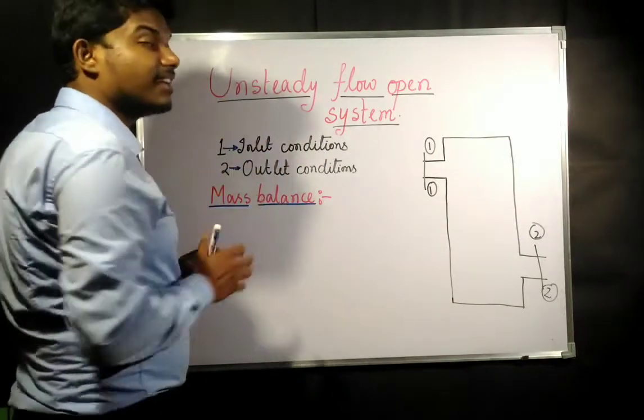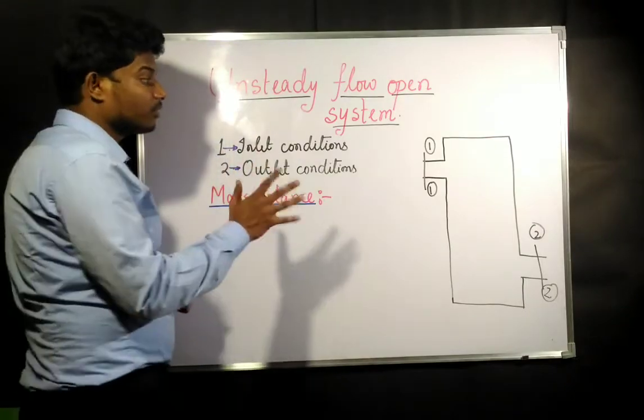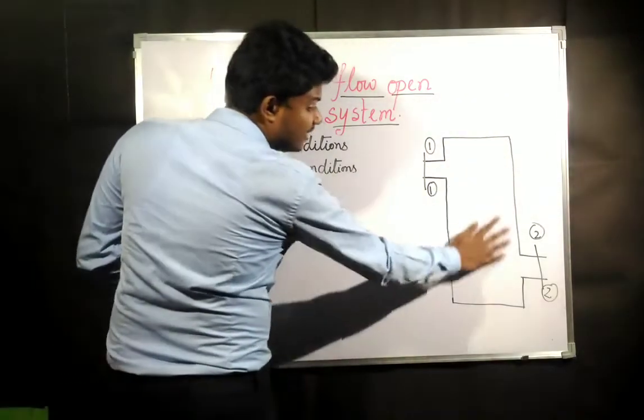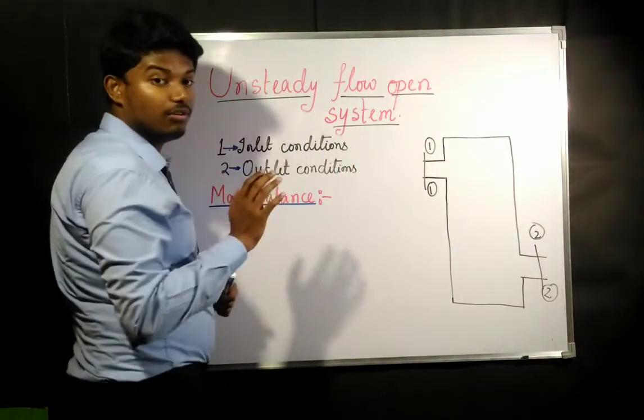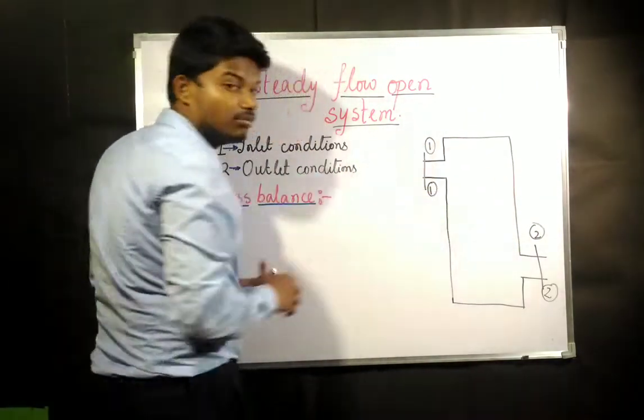Now first let us see the mass balance. For steady flow, what was there? In any system with steady flow, the energy is not going to change with respect to time, so mass accumulation was 0.